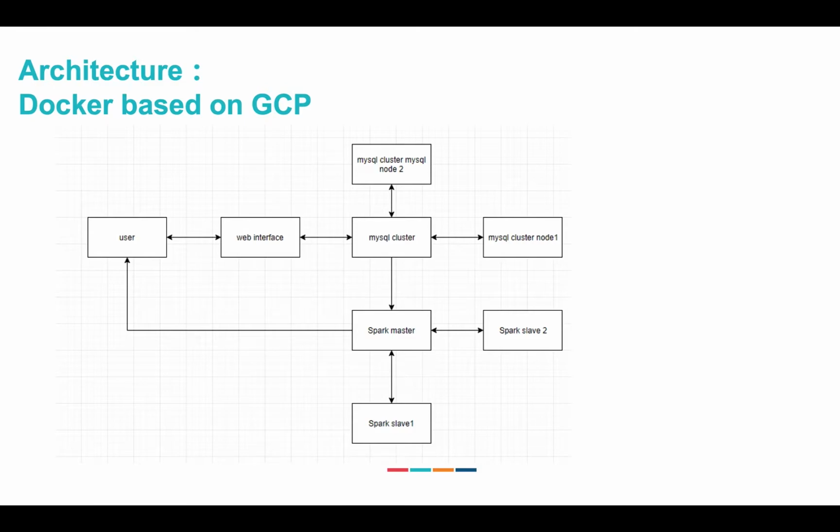The 3 nodes will be updated as well. Then it will link with the Spark Master. The Spark Master will analyze the data, and it has 2 workers to help analyzing. And then the Spark Master will send the result to the user.